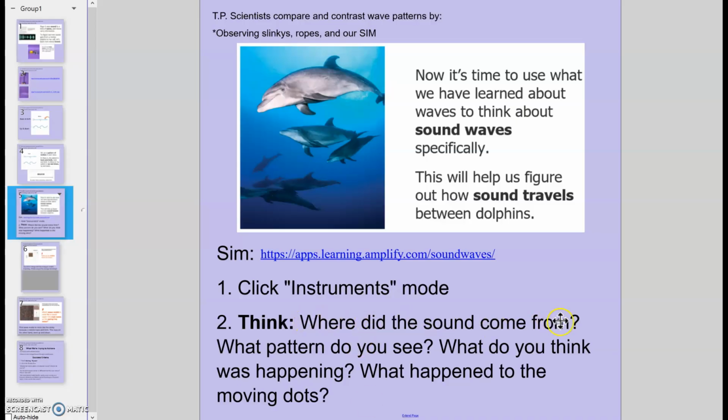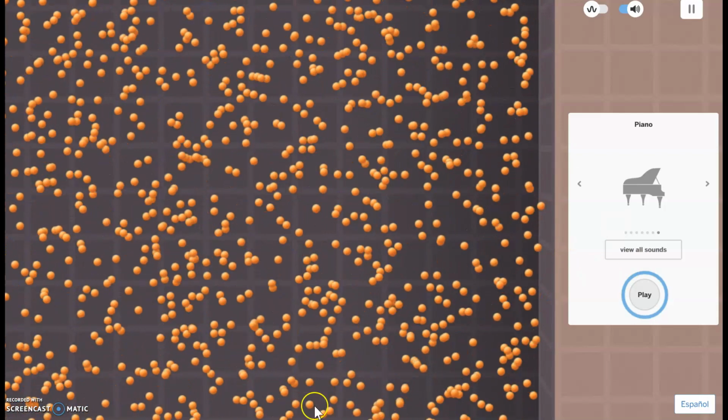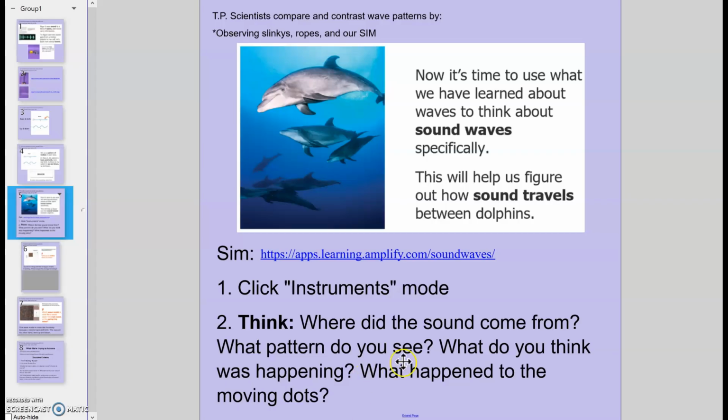Okay, so where did this sound come from? We identified the source on the right-hand side of the screen. So the source was over here. This is where the wave started. What pattern did we see? Well, it kind of looked like the slinky. I would say that it's similar to the wave pattern in the slinky because it was moving back and forth.